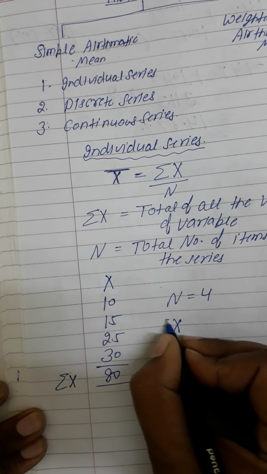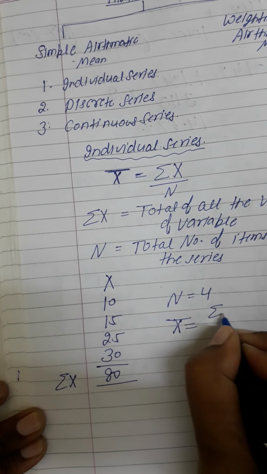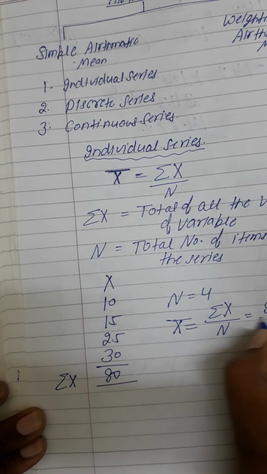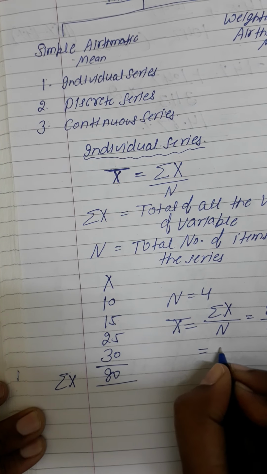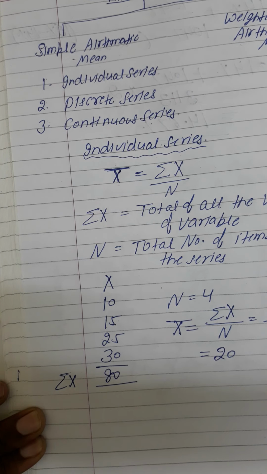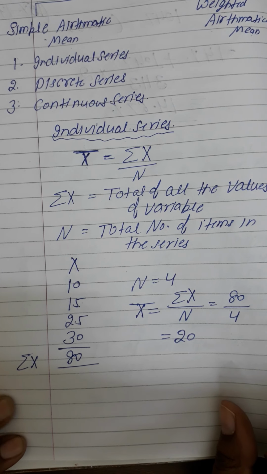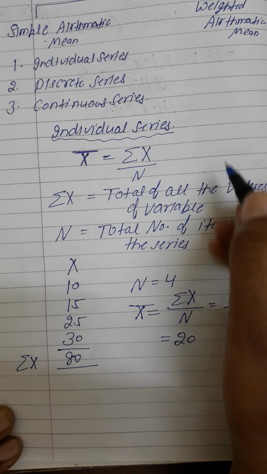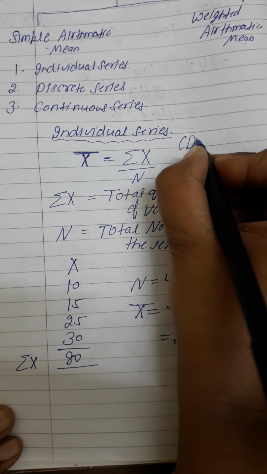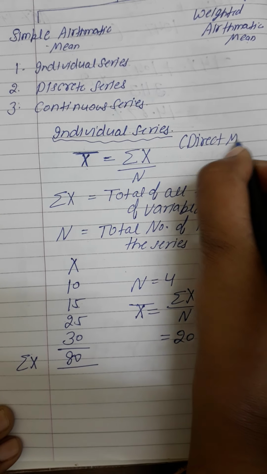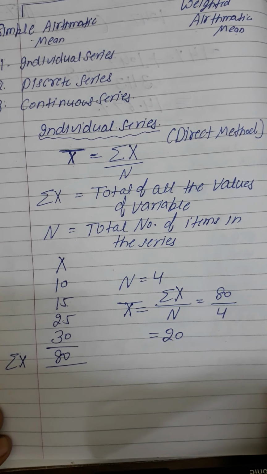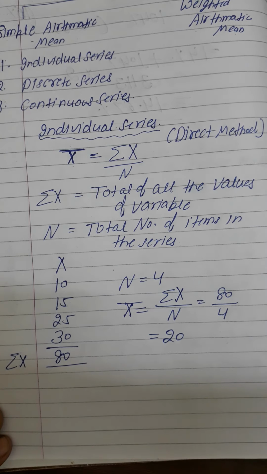The value of arithmetic mean will be summation x upon n, that is 80 upon 4. It will be 20. The value of arithmetic mean in individual series is 20 and this method of calculating arithmetic mean is called direct method of calculating arithmetic mean.